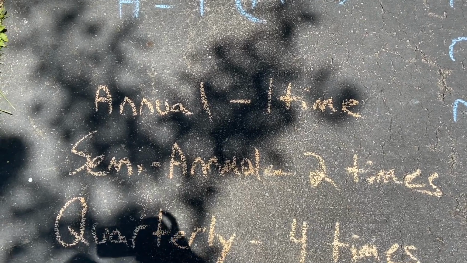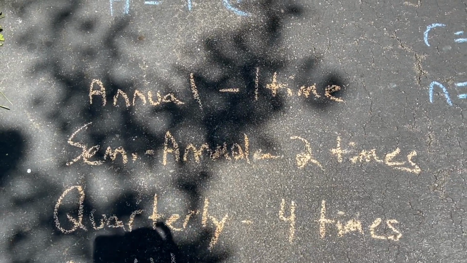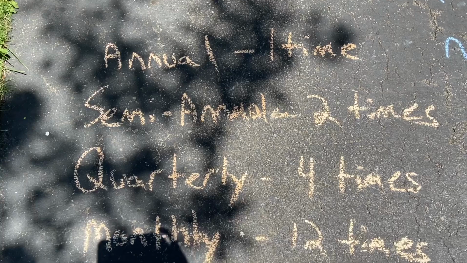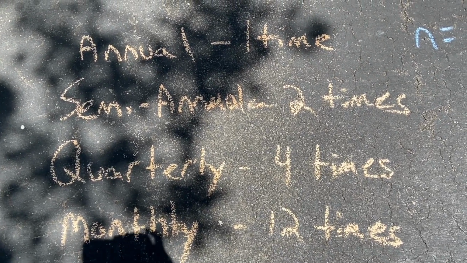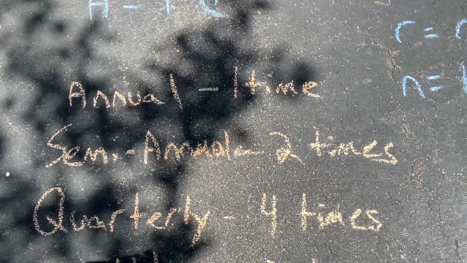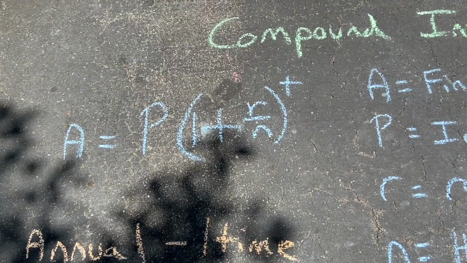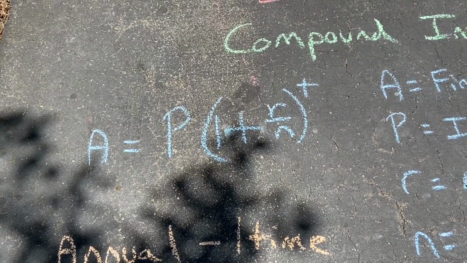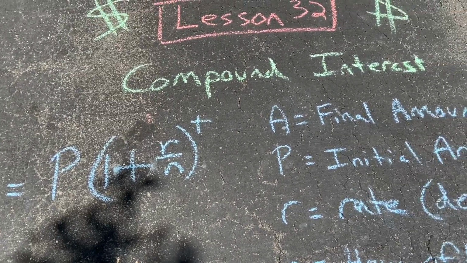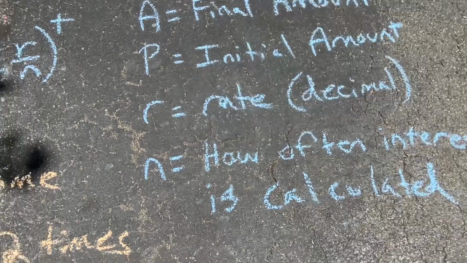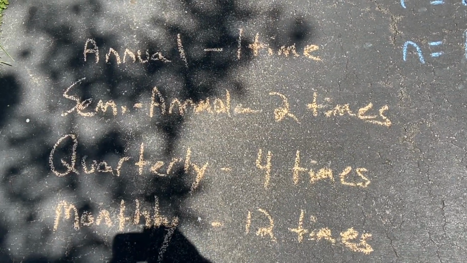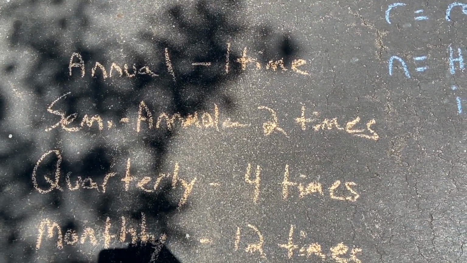And then the most common way, especially at banks, if you have a savings account, this is how they do it. Your interest is calculated monthly, and there's 12 months in a year, so you get 12 times your interest is calculated. All right, so 12 would go in for N right there. So there is compound interest, the formula, what everything stands for in the formula, and different values of N that you'll come across in different problems.